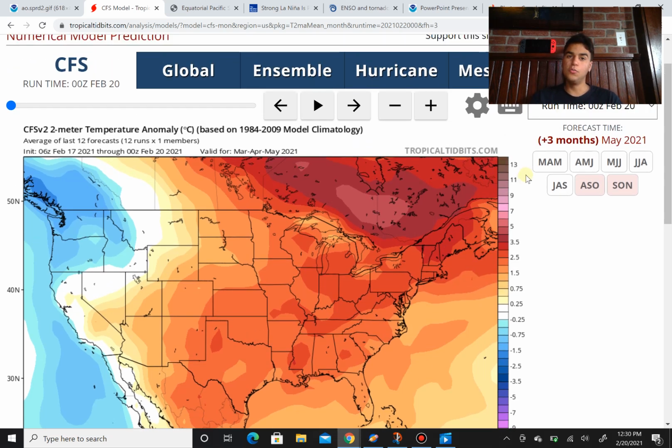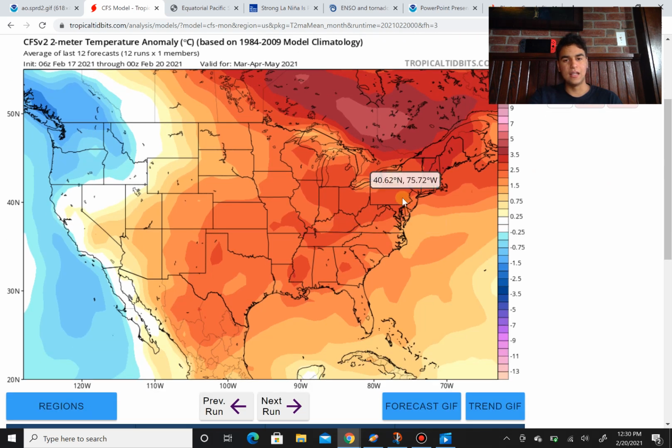And the computer models are very accurate because they pretty much synthesize historical data, and they use the current patterns that we're seeing right now to determine what will happen in the future.